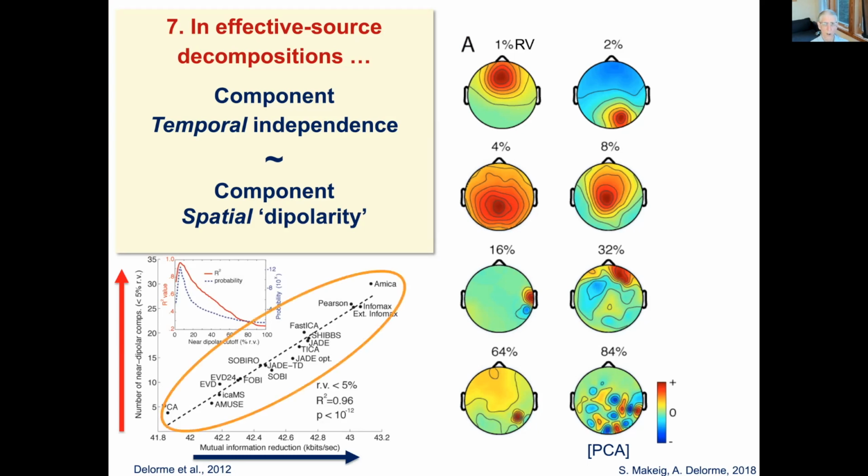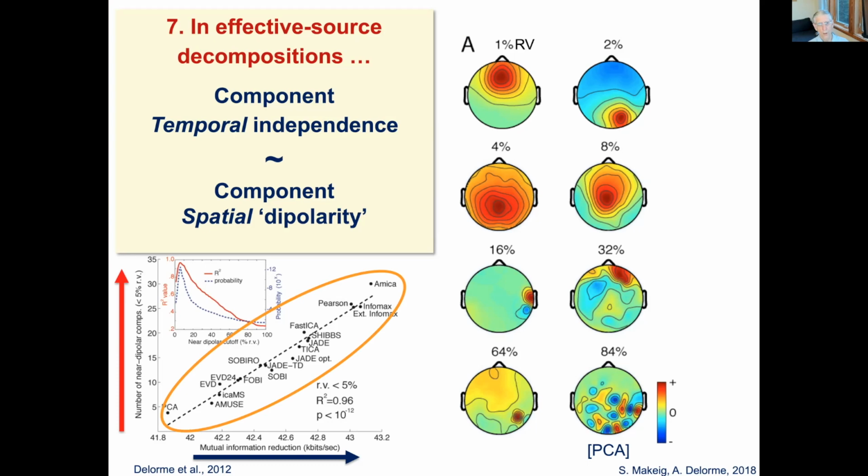And here's that result. That result cannot be predicted mathematically because it has to do with time and space, which are not in the algorithm. The algorithm knows nothing about space or about time for that matter. It's pure statistics.